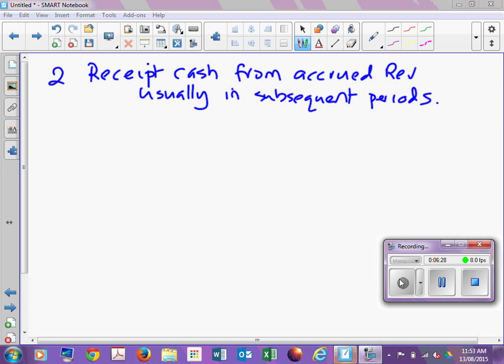Now, this theory that I'm going to do for you now is exactly the same theory that I did when I taught you accrued expenses. And you mucked it up a lot, and even in the exam. So just always do it the same, and you can't go wrong. Okay. Draw yourselves up a cash payments journal, please.